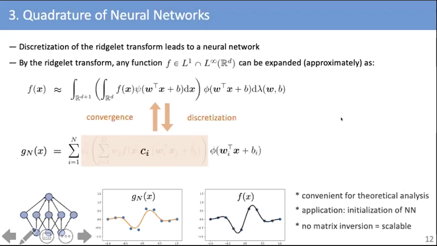That means we can start our backpropagation with a good initial state of the neural network, which is preferable for backpropagation. I'd also like to mention that this procedure doesn't involve any matrix inversion, which means this procedure is basically scalable.